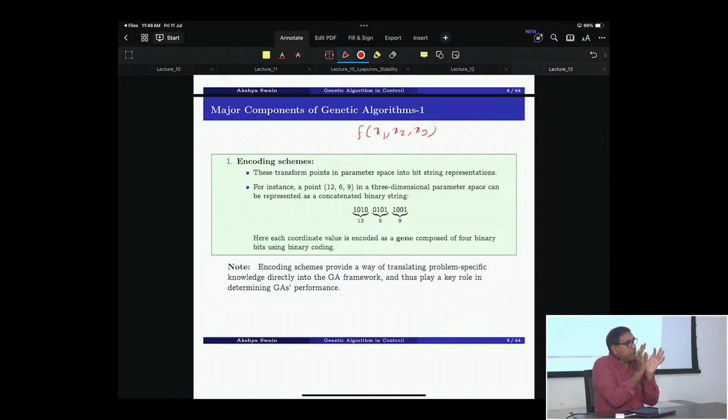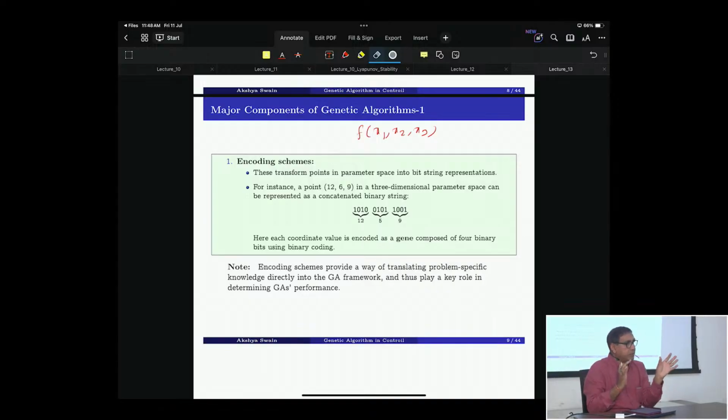So I will define a possible 3-variable chromosome. One set is, suppose, 12, 6, 9. So instead of 12, 6, 9, I can generate 1, 0, 1, 0, 0, 1, 0, 1, 1, 0, 0, 1, right? Here, this is one chromosome.